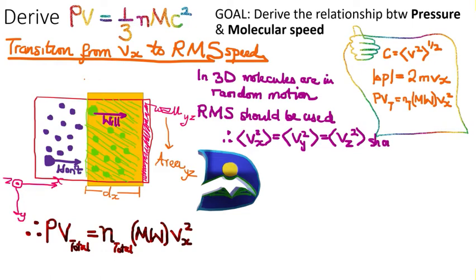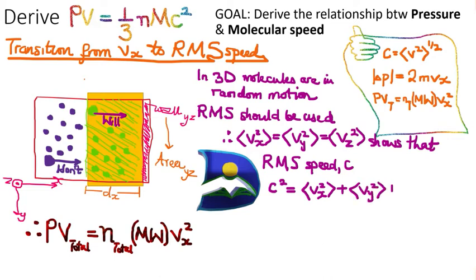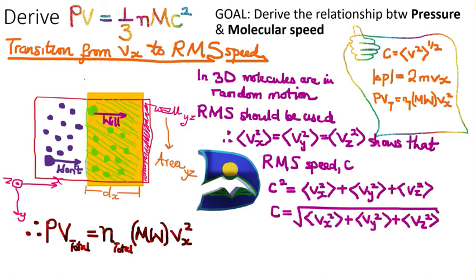So therefore, the root mean square speed, which is represented as c, we're going to show how we can determine the magnitude of that particular root mean square. This means that the root mean square speed all squared is equal to the sum of the average or the mean squares of not only the x, the y, and the z, and as a result we use the square root to determine what c is.